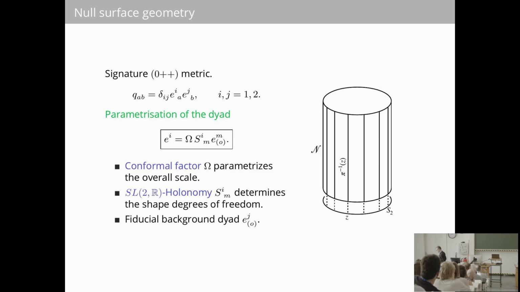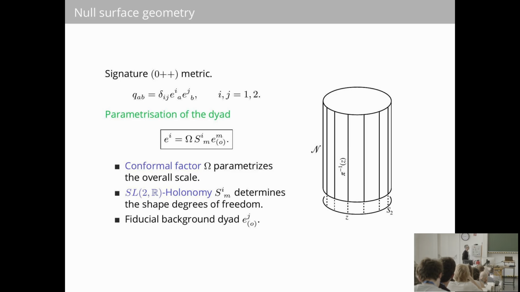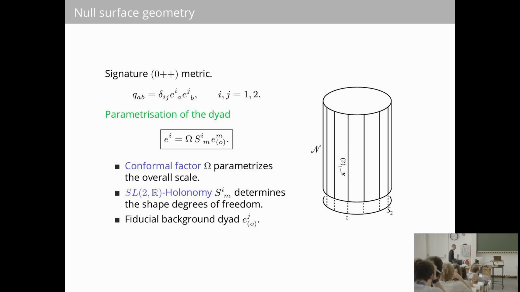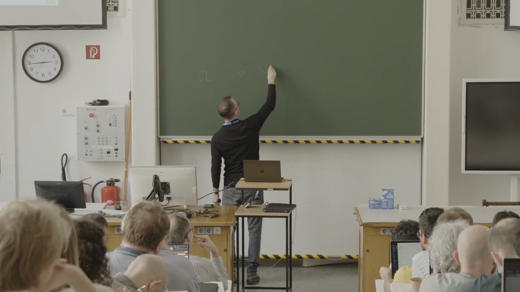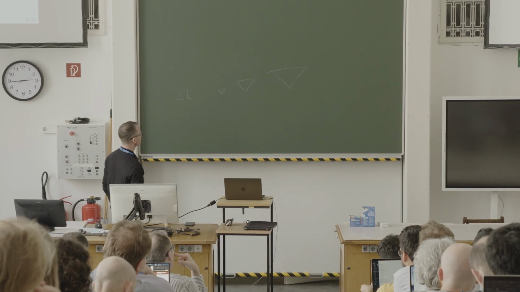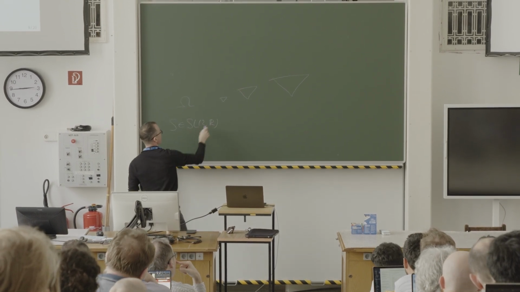And just like in four spacetime dimensions we have tetrads, orthonormal frames, on the light cone we also have orthonormal frames: a dyadic basis, 1 and 2, let's say, on any two-dimensional cross-section of this null cone. And this dyadic basis can be parameterized by an overall conformal factor, which determines the size of small triangles of this cross-section, and a matrix in SL(2,R).